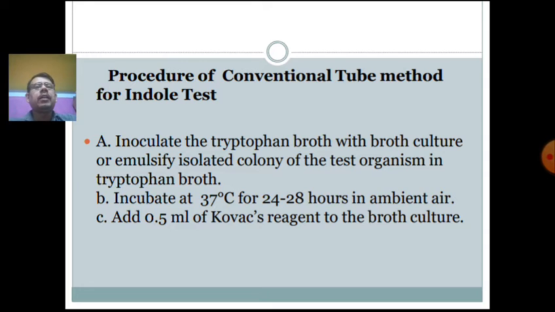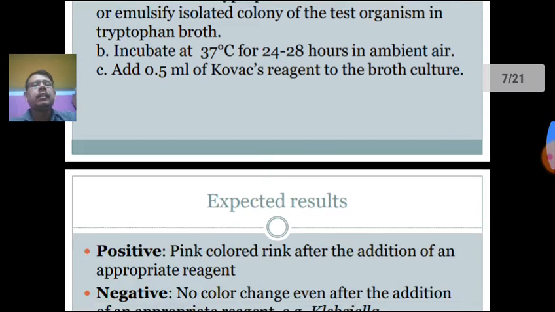Procedure of the conventional tube method of the indole test. Inoculate the tryptophan broth and emulsify an isolated colony of the test organism in the tryptophan broth. Incubate at 37 degrees centigrade for 24 to 48 hours in ambient air. Add 0.5 ml of Kovacs reagent to the broth culture.